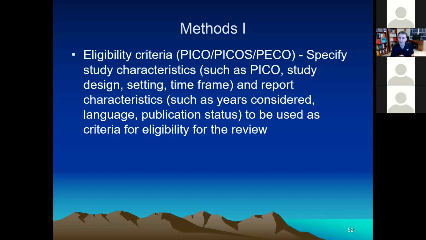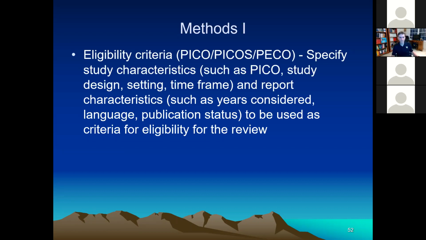And then the types of publications, in other words, go ahead, Jose, sorry. Y también el tipo de publicación. So just studies published in journals. Como por ejemplo, solo artículos publicados en revistas científicas. Or are you going to include abstracts from conference presentations? O se van a poder también incluir resúmenes o abstracts de congresos, simposios, reuniones profesionales. Master's theses or dissertations that didn't get published in a journal?